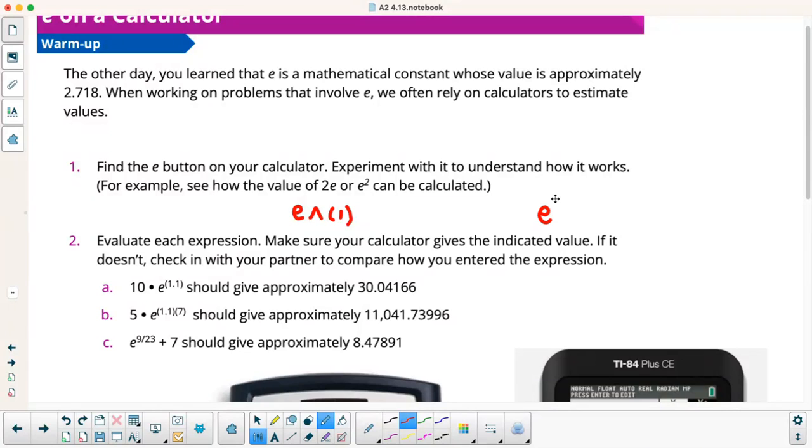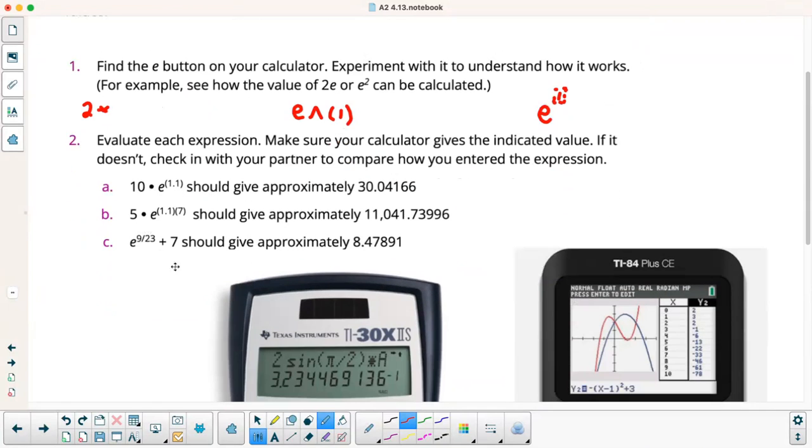The 84, I believe it gives you a dotted box right there, and you can just put the 1 in there if you just want e. So if I wanted to do 2e, with this calculator, the TI-30X, I'd have to do 2 times e to the first. If I wanted to do e squared, I would just do e to the second like that.